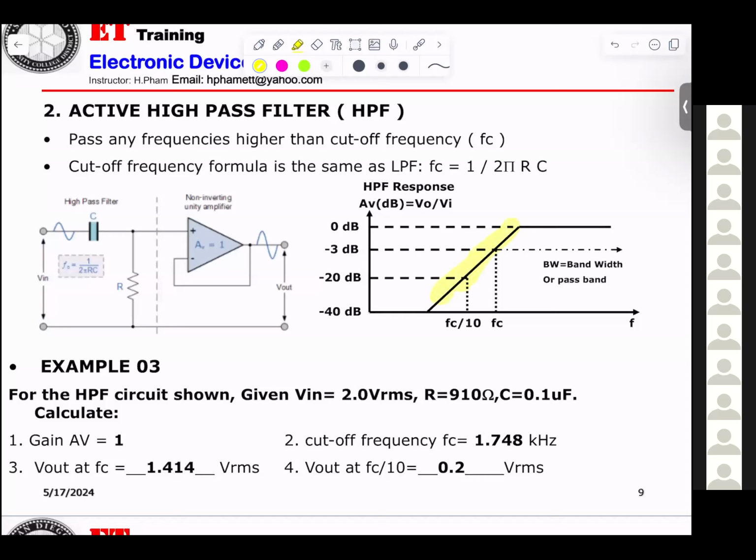Now, if you're looking here, that will be telling you at this point right here, gain equal 1. That means any signal higher than cutoff, they will be passed. Any signal less than the cutoff, they will be the same. Okay, like the low pass.